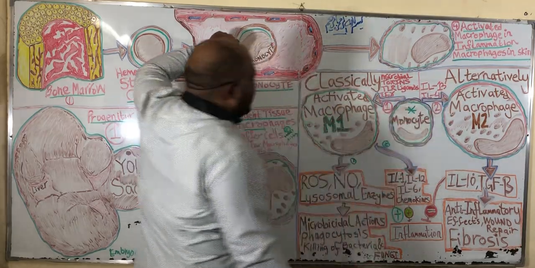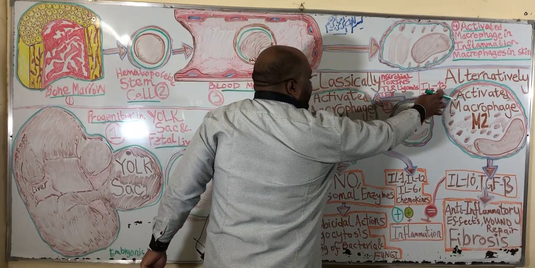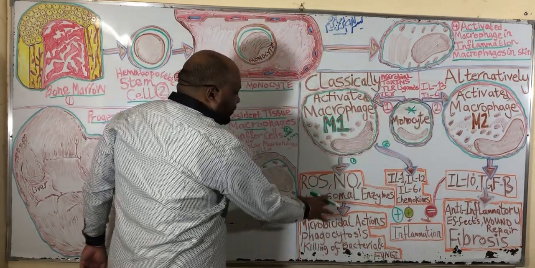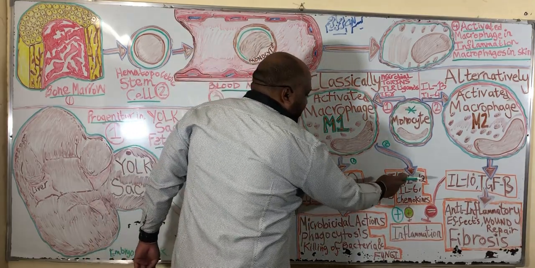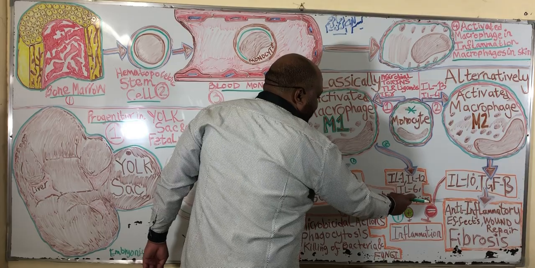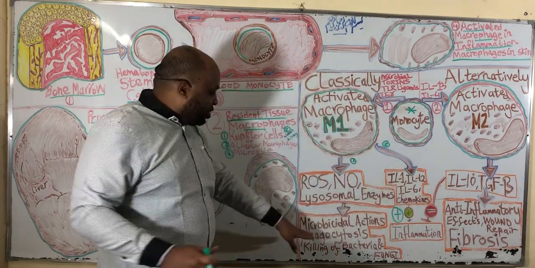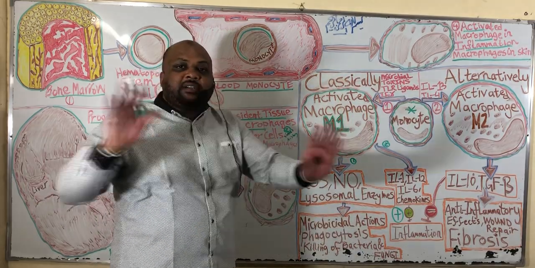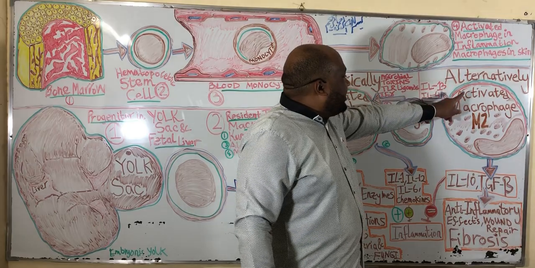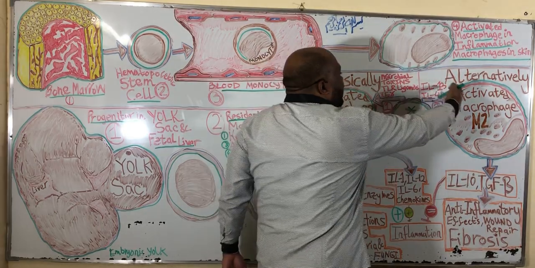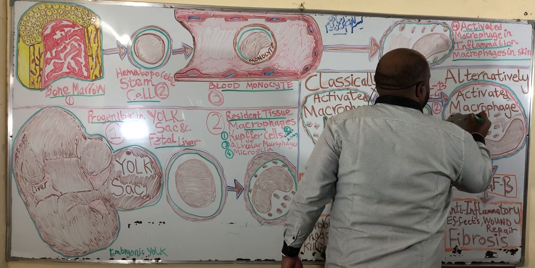Once monocytes in the blood detect interleukin 13 and interleukin 4, they will no longer perform pro-inflammatory activity. They will no longer release interleukin 1, interleukin 12, interleukin 6, and chemokines or reactive oxidative species. The battle, the microbicidal action is done, is finished. Now the monocyte will be activated by a pathway called the alternatively activated macrophage pathway, M2.